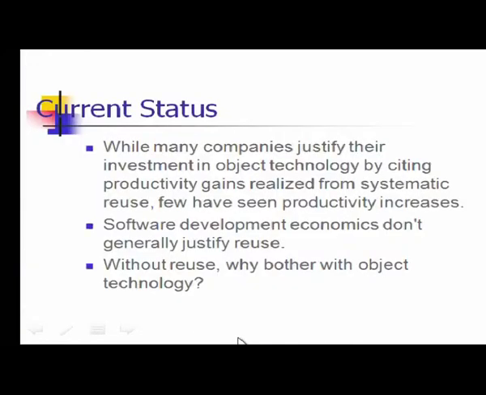While many companies justify their investment in object technology by citing productivity gains realized from systematic reuse, few have seen productivity increases. Software development economics don't generally justify reuse. Without reuse, why bother with object technology? So it is very unfortunate that we stopped highlighting reuse as one of the positives of object.